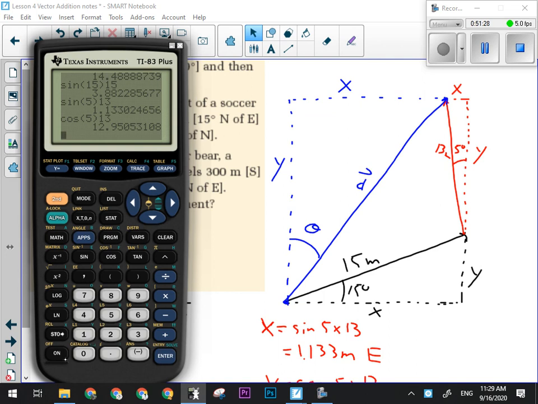So we have 14.488739 minus 1.133024, which gives 13.356. So my total x is going to be 13.356 meters east.